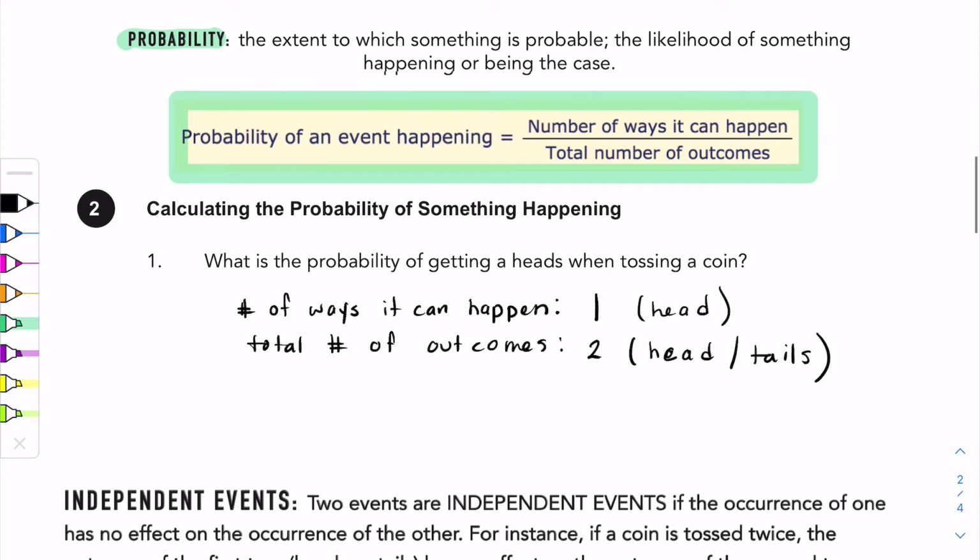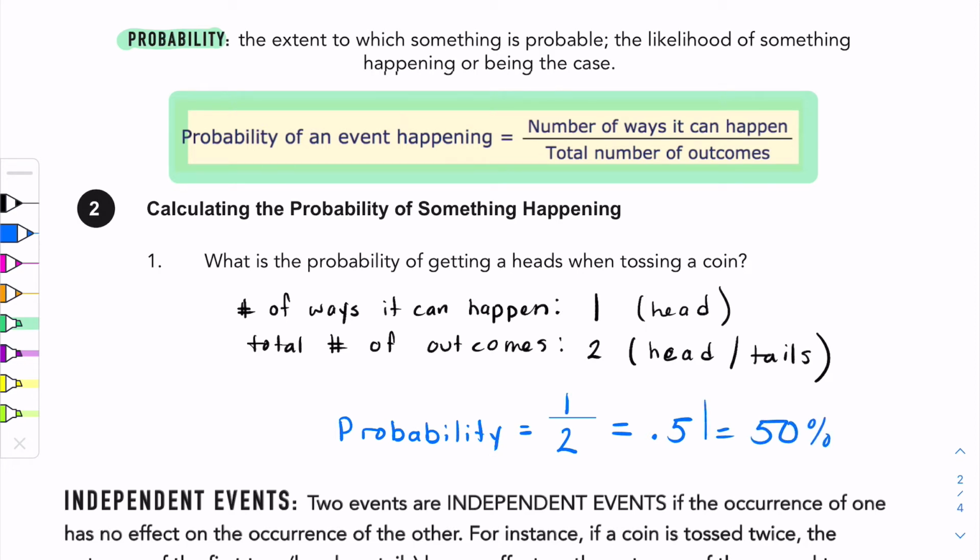So the probability is found by setting up a ratio: the number of ways it can happen divided by the total number of ways. That would be 1 over 2, which is 0.5, or a 50% chance that you would flip the coin and receive heads as your answer. I think that one's pretty self-explanatory. That's something we all know about.